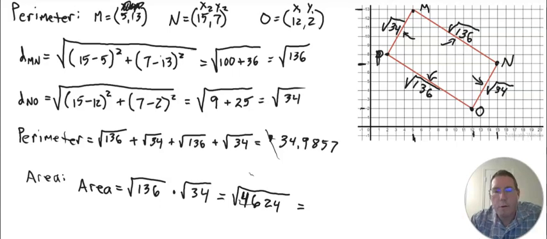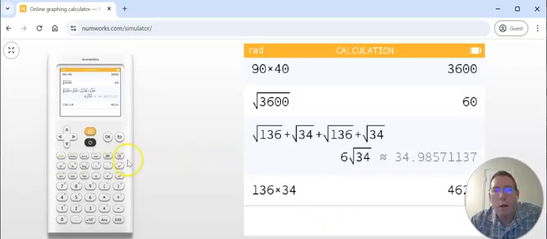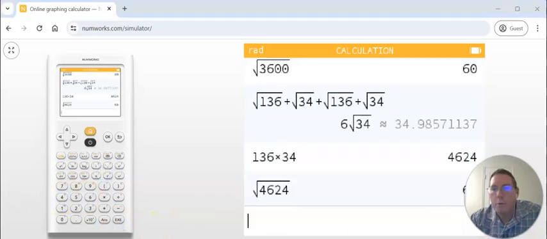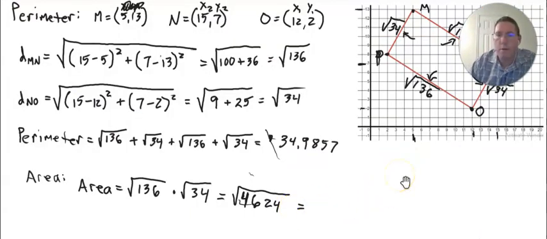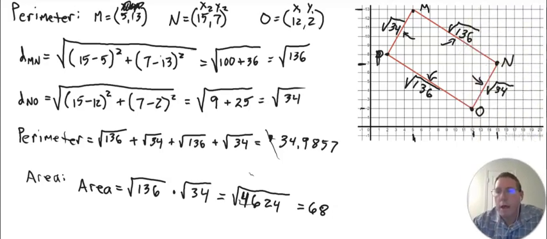Now let's identify the square root of 4624, and that is 68. So the final answer is 68, which means that the area of this rectangle is 68 square units.